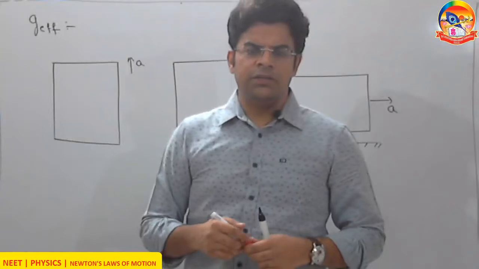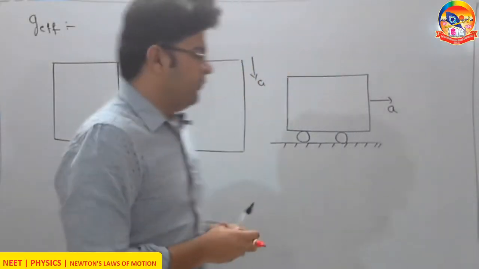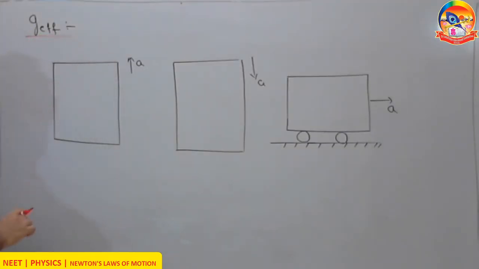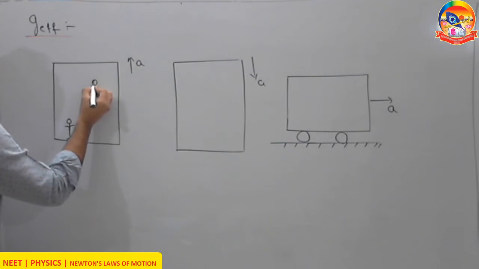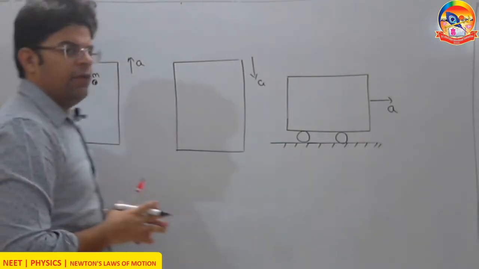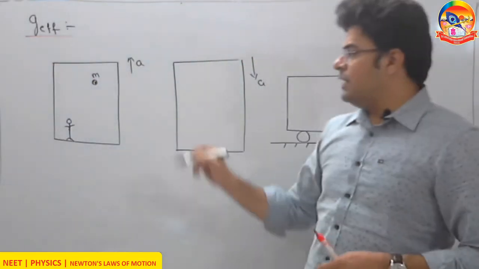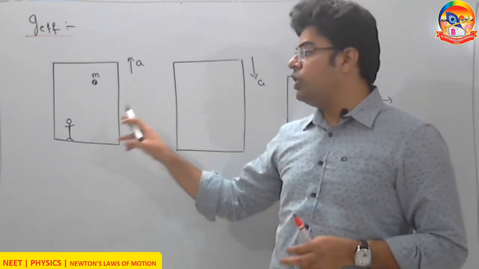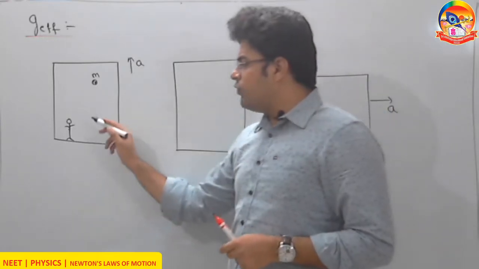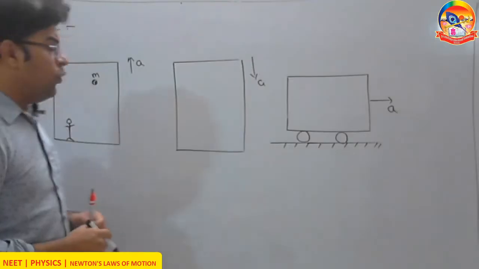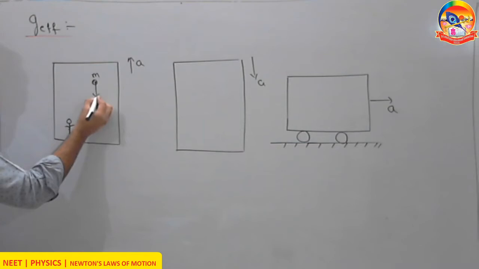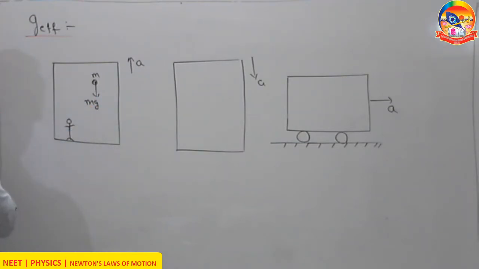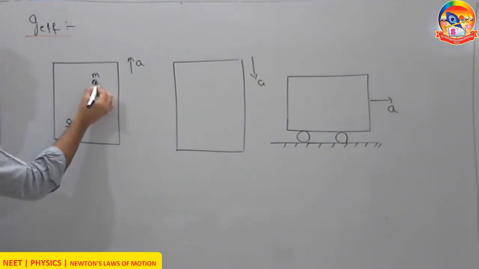So let us now understand the concept of g effective. Let's say there is an observer inside a lift going up with an acceleration a, and this observer observes a particle of mass m inside the lift. Since the observer is also accelerating up with the lift, the observer is a non-inertial observer. As seen from this observer, two forces will be acting on this mass: a force of gravity, and he must also apply a pseudo force.